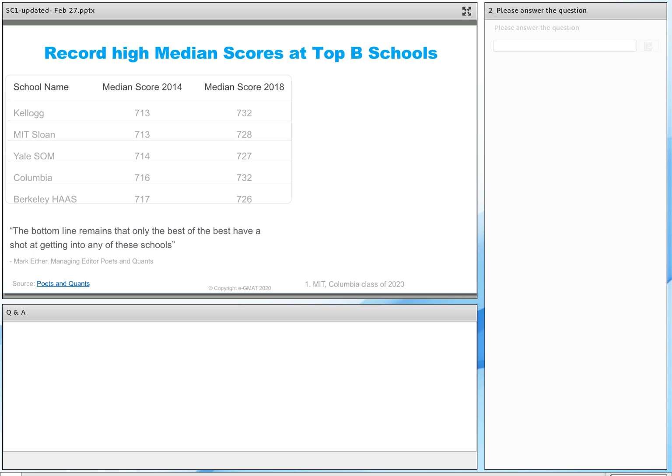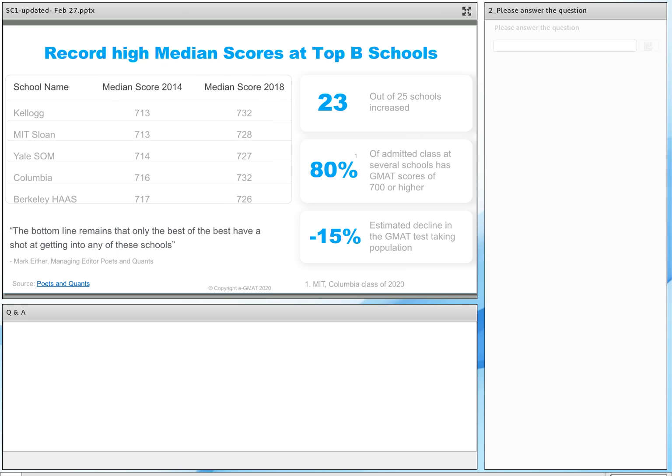And again, here are some trends with regards to how median scores have been moving for top schools. The two things that you would observe: one is in this bracket, most of these scores are around the 730 mark. The second thing is no Harvard, no Stanford there. Why? Because even in 2014, they were there. In fact, if you look at the stats during the 5-year period, median scores increased for 23 out of 25 top schools.